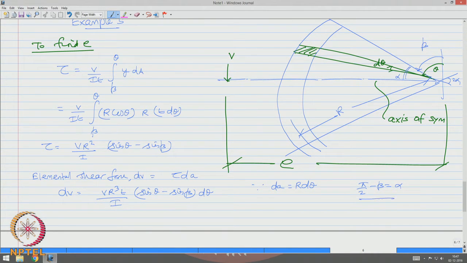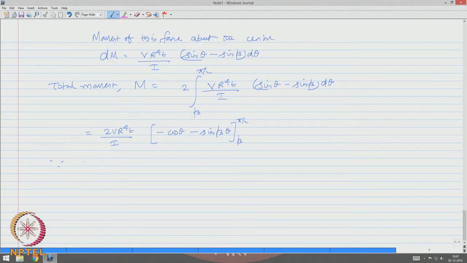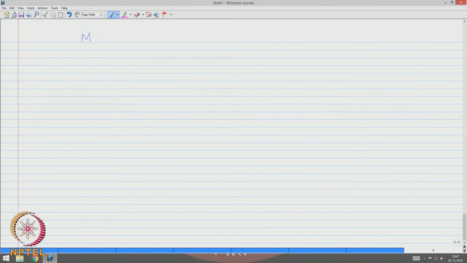So, using this relationship, since pi by 2 minus beta is alpha, let us rewrite m as 2 V r 4 t by I, minus cos pi by 2 plus cos beta minus pi by 2 sin beta plus beta sin beta, which says m is 2 V r 4 t by I, cos pi by 2 is 0.